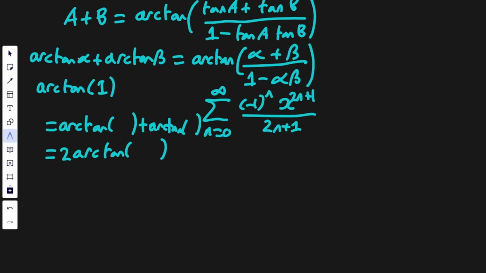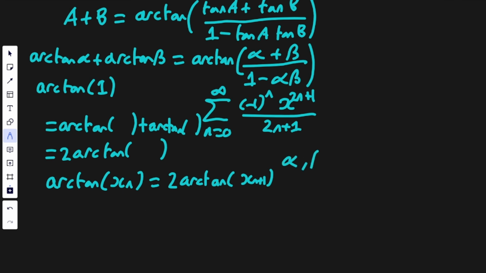Well, that means we want to form a recurrence relation. We want to write arctan of x_n as 2 times arctan of x_{n+1}. Now that means alpha and beta are equal to x_{n+1}.